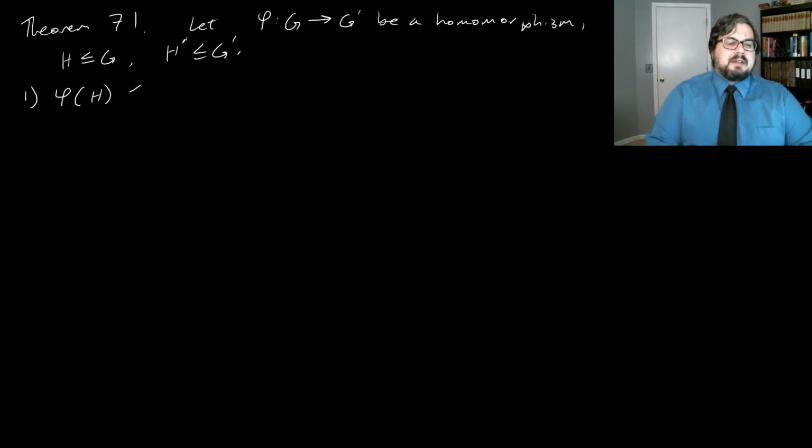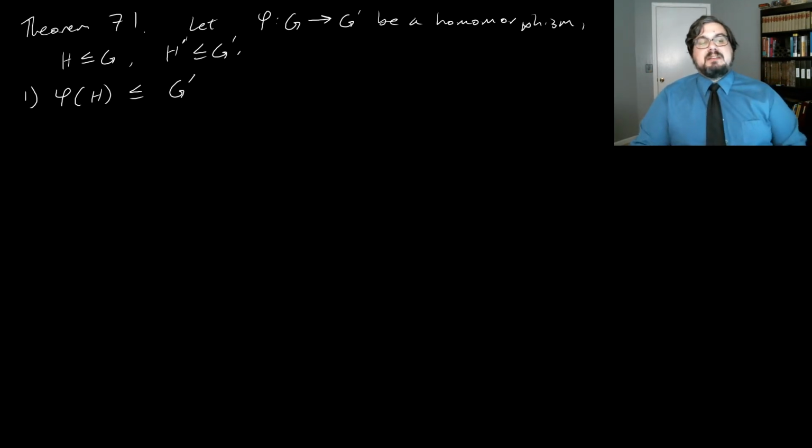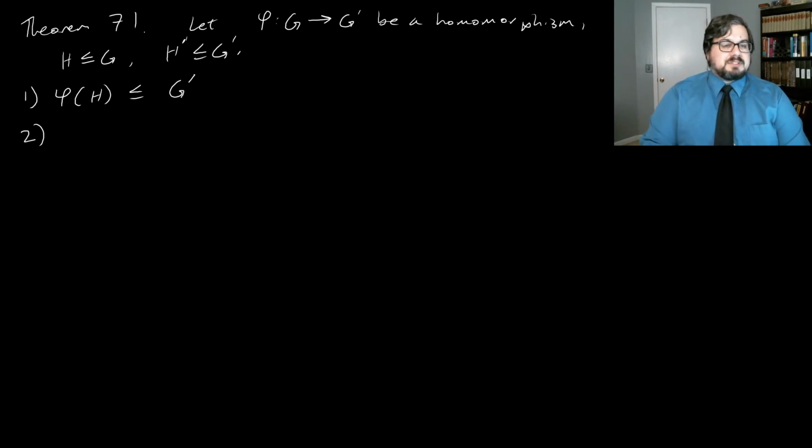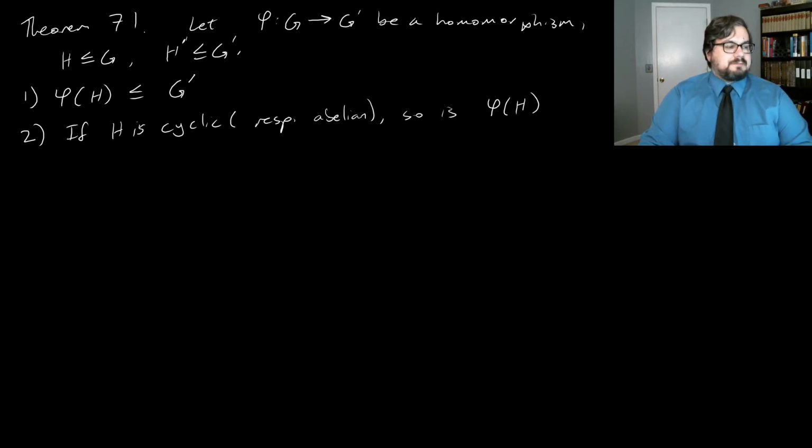First of all, the image of a subgroup is a subgroup. So phi of H is a subgroup of G prime. Image of a subgroup is a subgroup. If H is cyclic, or respectively abelian, so is phi of H. So the image of H is going to have a lot of the same properties that H does.